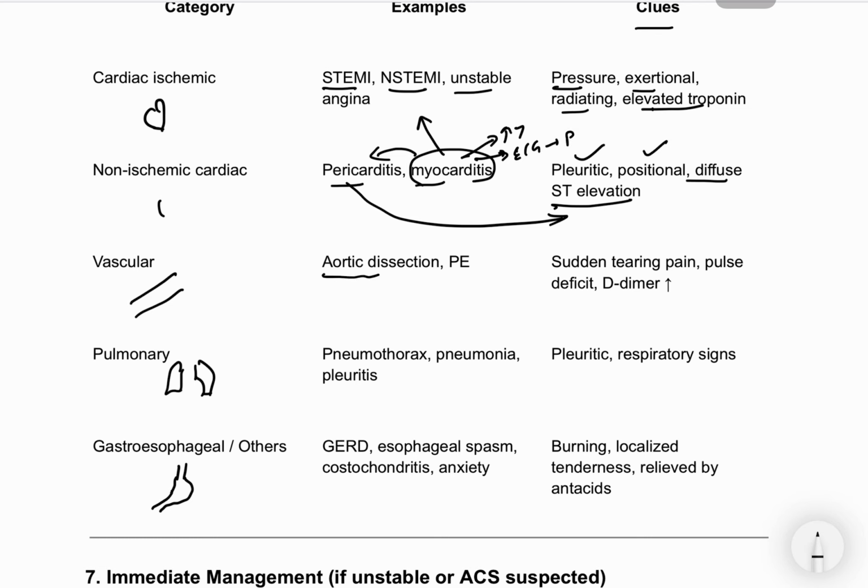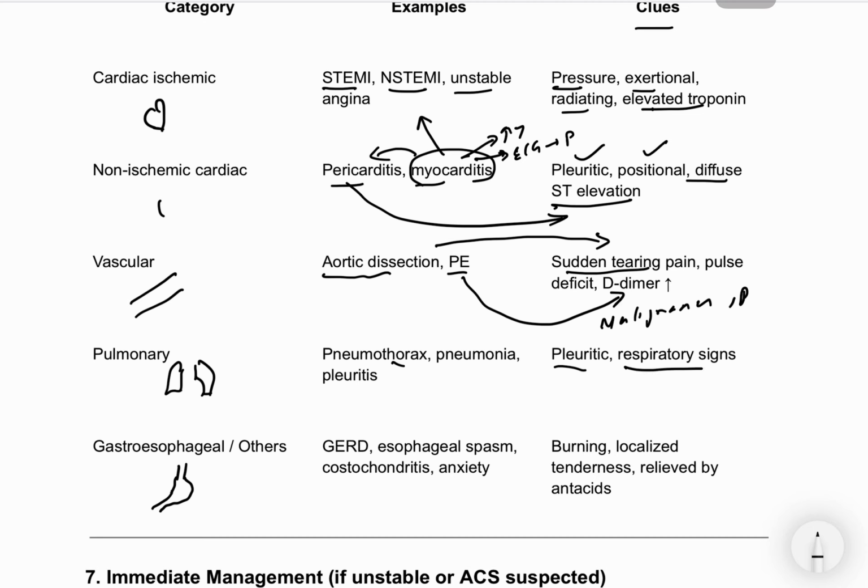Vascular pain like aortic dissection or pulmonary embolism: aortic dissection has sudden tearing type of chest pain, and in pulmonary embolism, D-dimer will increase. The patient might have malignancy or prolonged immobilization. Okay, pneumothorax, the patient might have pleuritic type of chest pain, and in pneumonia, pleuritis, pneumothorax, the patient should have respiratory signs.